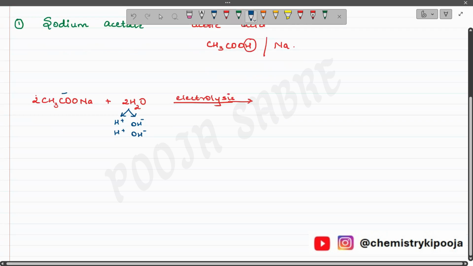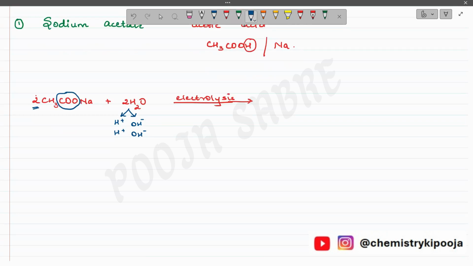There will be loss of CO2. Since we have 2 CO2, there will be loss of 2 carbon dioxide, then Na, and then this OH group. Na will combine with 2 OH group in order to form 2 NaOH, right?